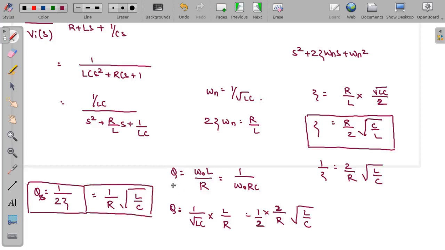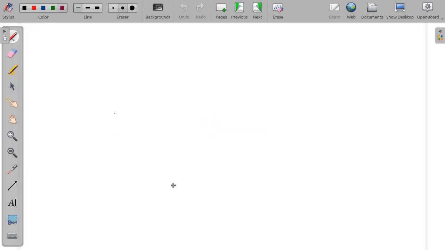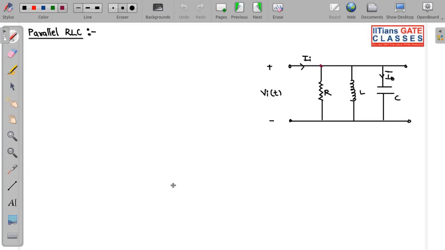Fine. So now let us try to derive it for your parallel RLC circuit very quickly. So for the parallel RLC circuit, how are you going to do it? So you have two options over here.